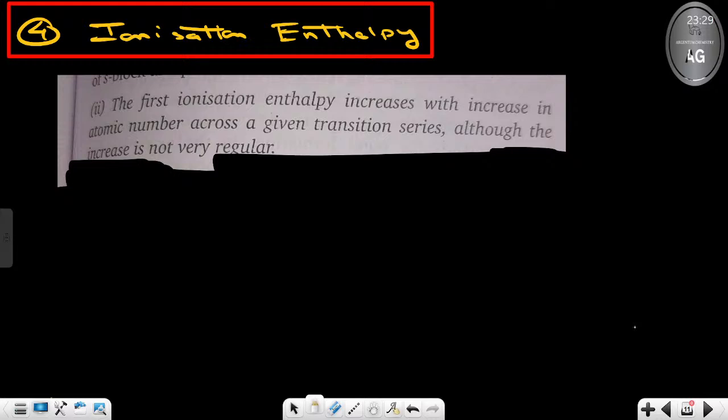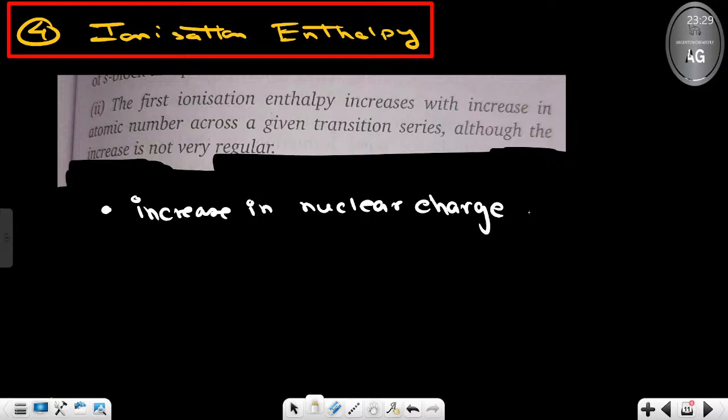The answer will be increase in nuclear charge. As we move from left to right, there is an increase in nuclear charge. If atomic number increases, nuclear charge has to increase. Okay, next.